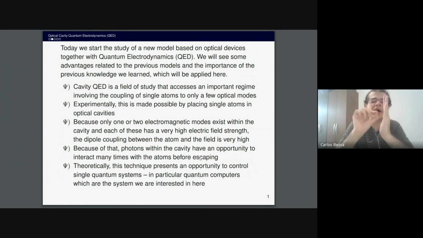So if you put a few atoms, could be a single atom as well, in the cavity, the photons will interact with them while bouncing back and forth between the mirrors. So theoretically, this technique presents an opportunity to control single quantum systems, in particular quantum computers, which are the systems that we are interested in.